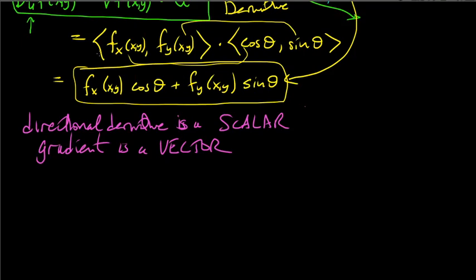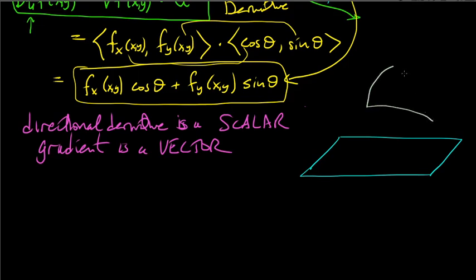Again, if I have a better picture here, let's suppose this is my xy plane, and I have some surface sitting above that. Let's suppose my surface just looks like this. Let's do little contours here if it helps.